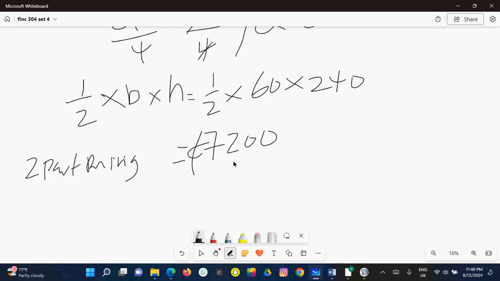So now the two-part pricing is going to be 7,200. That's it. But for two-part pricing per unit, we are going to divide this by the unit, which is the 60, right? All right.